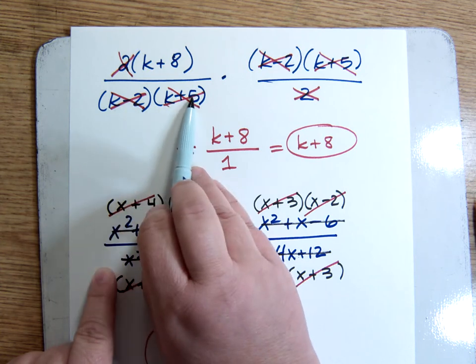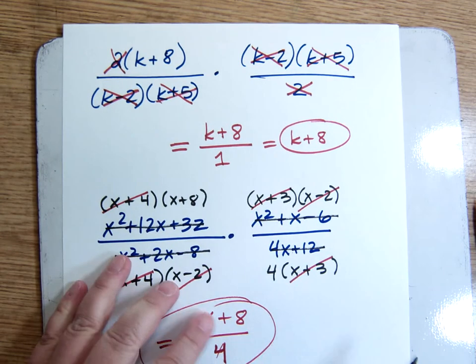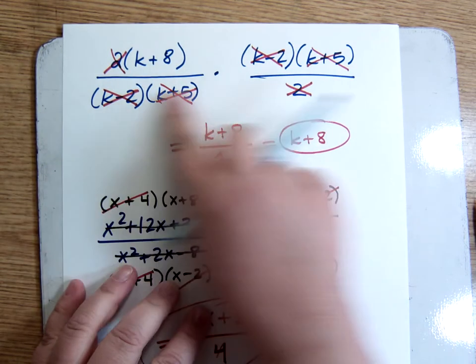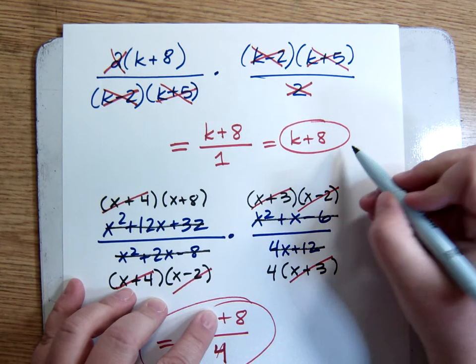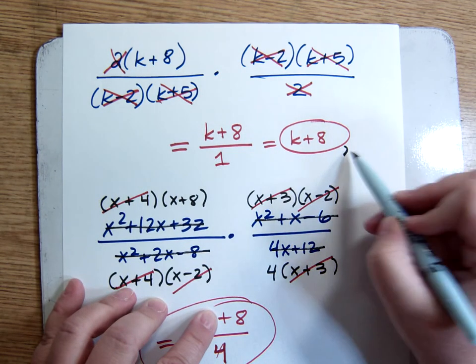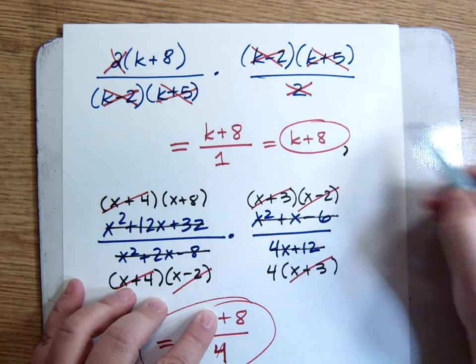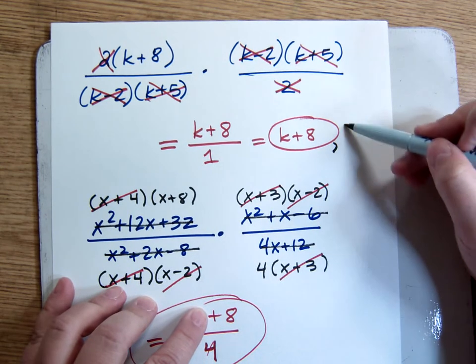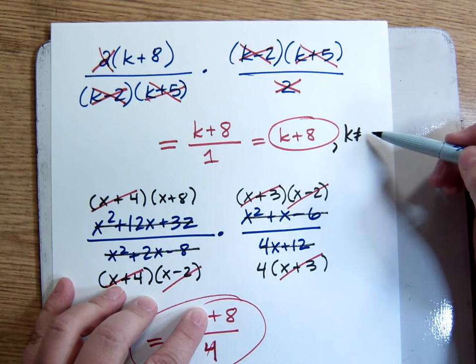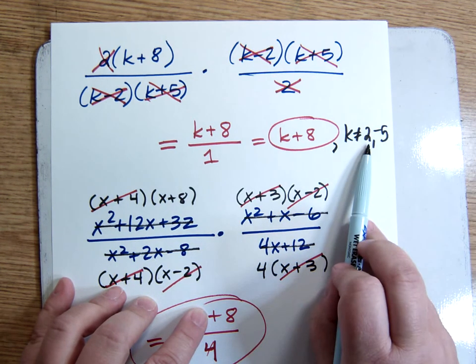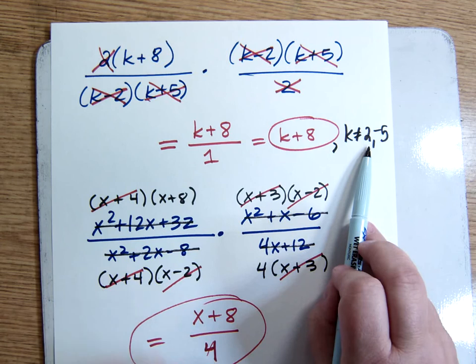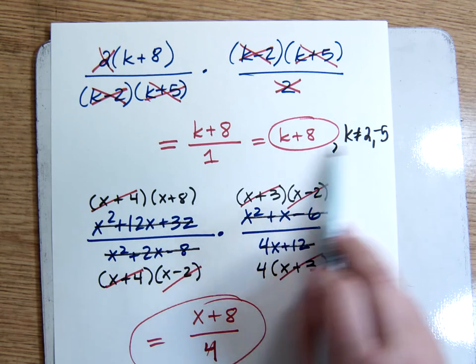We can't have k be those things because that would make everything 0. If you're multiplying straight across, if one of your factors becomes 0, everything's 0. So here I'm going to say, comma, this is my answer, and then comma, state my domain restrictions. k is not equal to 2 or negative 5. Because if k was equal to 2 or negative 5, we'd have a problem. So that's called stating my domain restrictions.